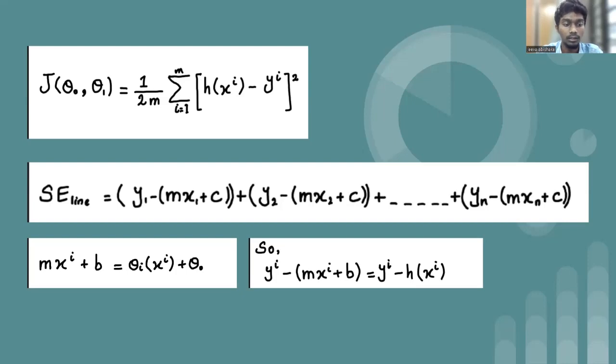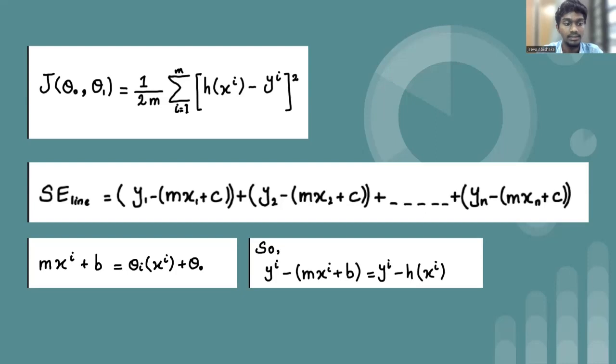Now sum up all the terms using the summation sigma. The limit for the values to be summed is equal to the number of points, and each point refers to a particular training example. So our i varies from 1 to m.